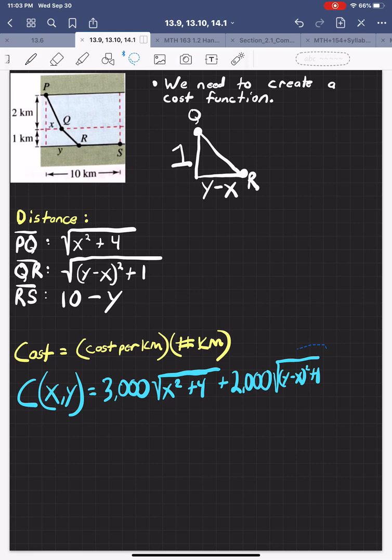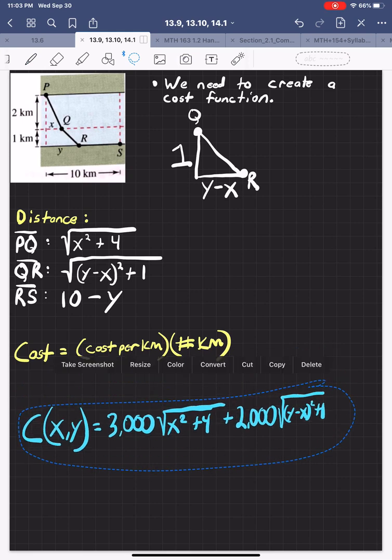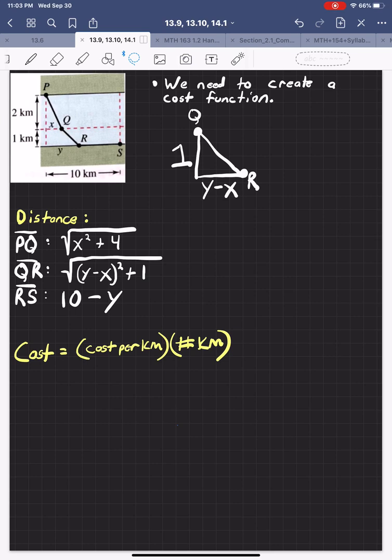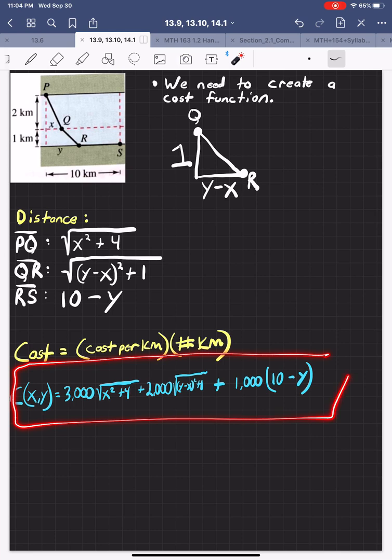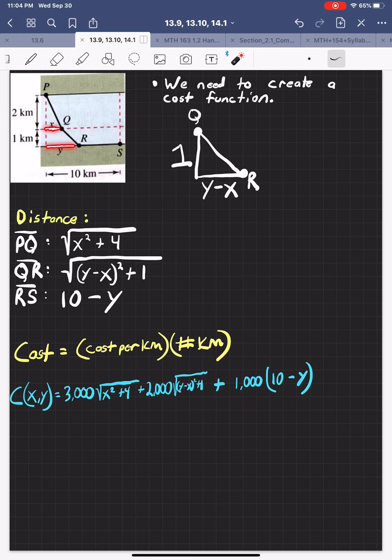As I'm running out of space here, let me make this a little smaller. Plus 1,000 per kilometer, times the distance that you traveled, 10 minus y. All right, so this is your cost function, and it's a function of the distance x and the distance y.